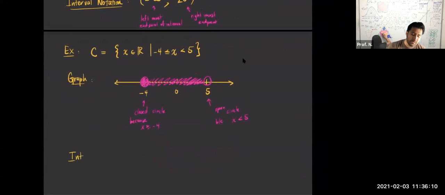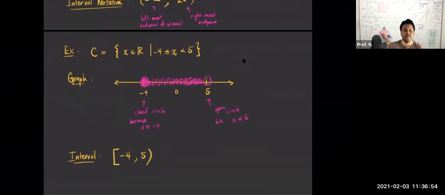Now, what would be the interval notation for this set? -4, 5. Correct. So -4 and 5 are obviously the endpoints. 5 is the rightmost endpoint, -4 is the leftmost endpoint. 5 is not included, so I use an open parenthesis. So parentheses for intervals indicate open circle. For -4, I have a closed circle. So what denotes a closed circle in interval notation?